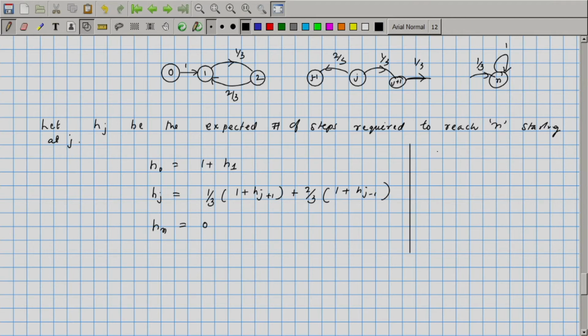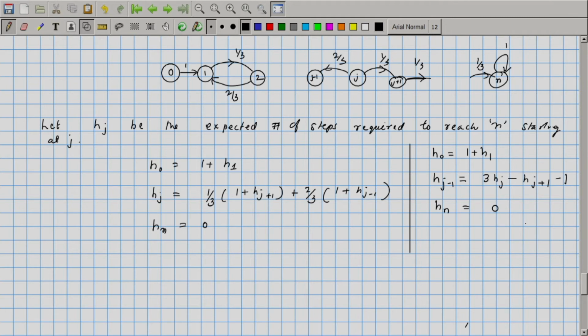We can write it as h 0 is equal to 1 plus h 1 and h j minus 1 is equal to 3 h j minus h j plus 1 minus 1 and h n is equal to 0. Okay.